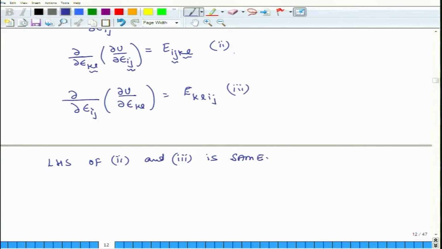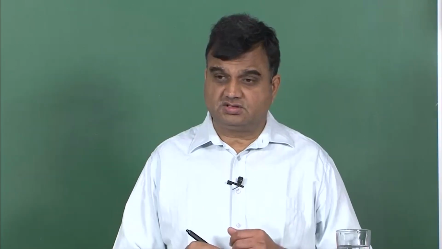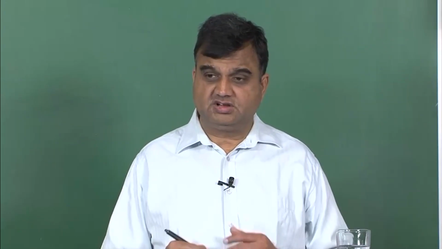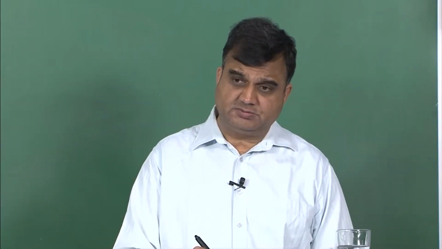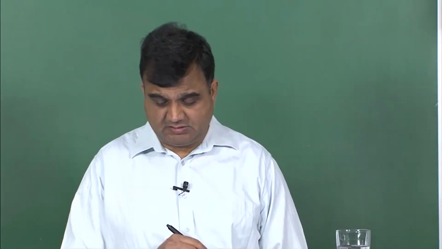It is the same in most situations because u, from a mathematical standpoint, we assume is a continuous differentiable function of strain. So, if I differentiate first with respect to epsilon ij, and then with respect to epsilon kl, or vice versa, I will get the same answer.